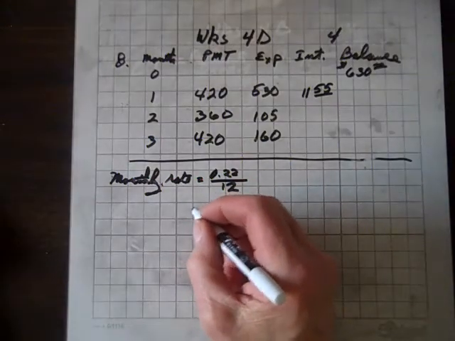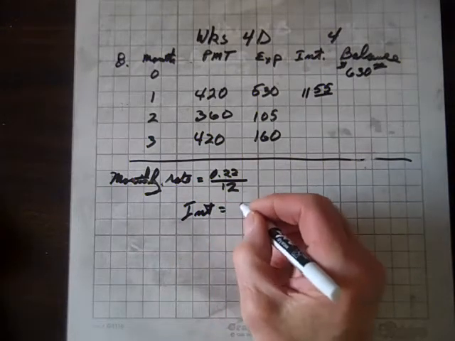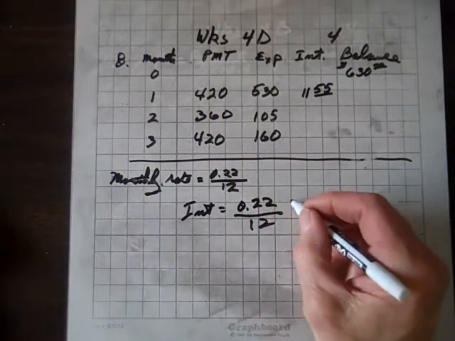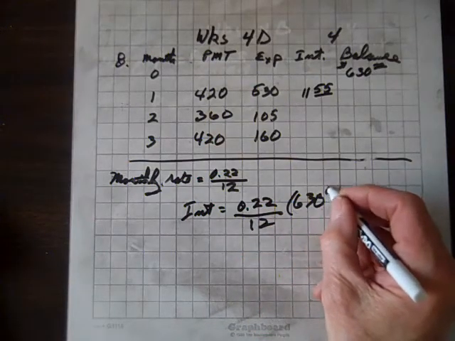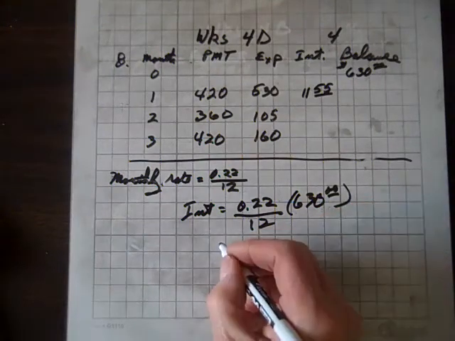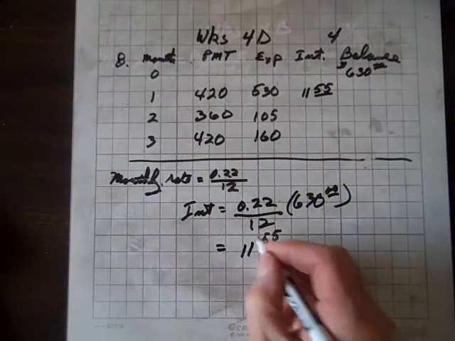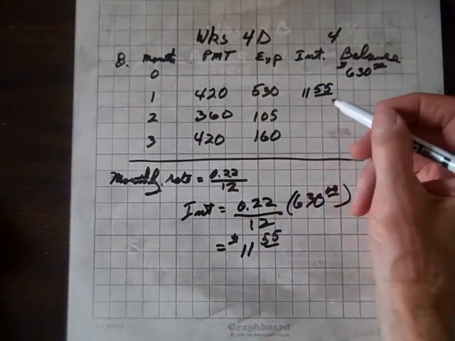So I'm going to write that down. So the interest equals 0.22 divided by 12 times the balance, $630. And we get $11.55. And that's where this value came from.